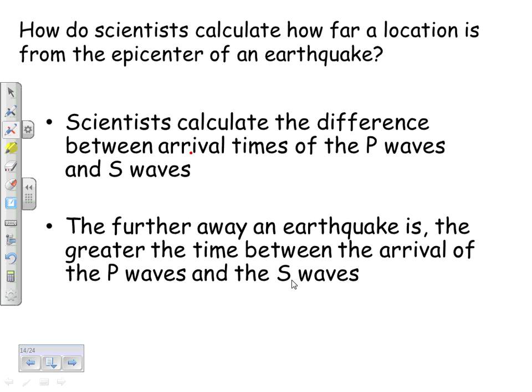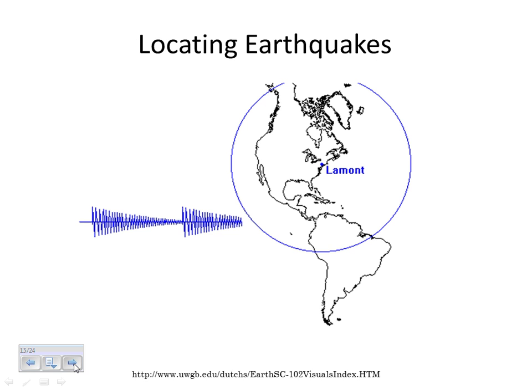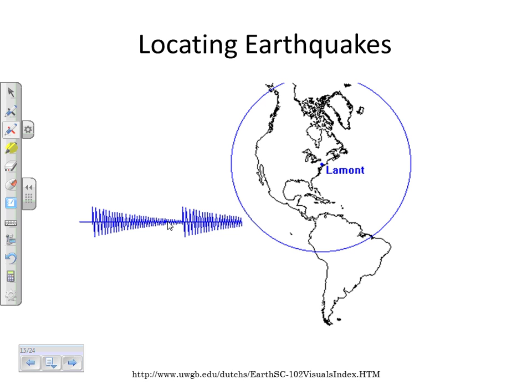The S waves are the slowest, so they're going to get there second. So we're going to calculate the difference in time between the arrival of the P and the S waves, and from that we're going to be able to locate where these earthquakes actually occur.